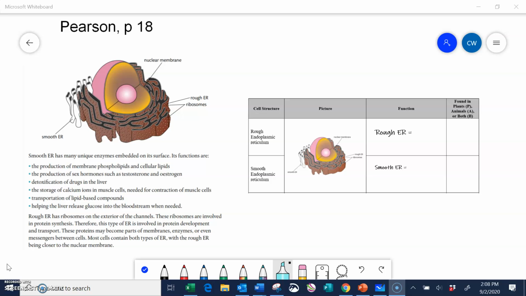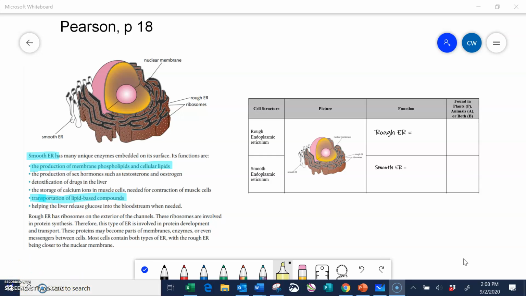And so as I take a look at this, for smooth ER, I see the production of membrane phospholipids and cellular lipids, and I see transportation of lipid-based compounds being two things that are fairly general for ER in any cells of our body.